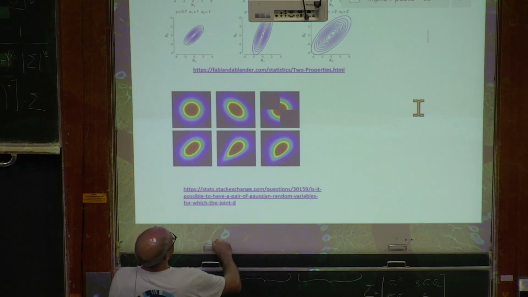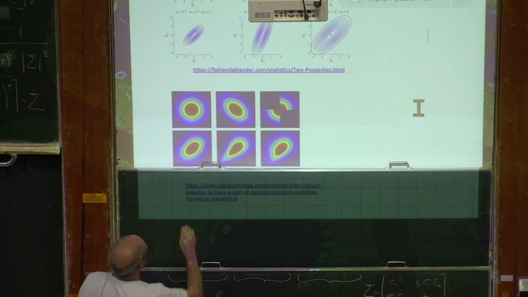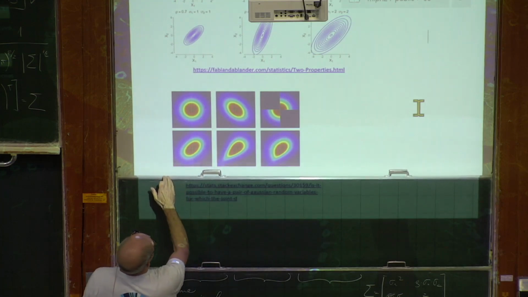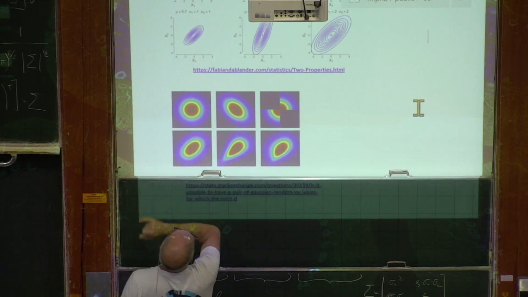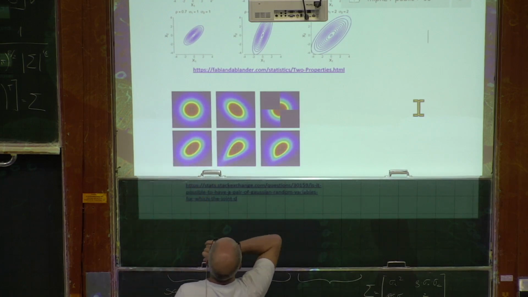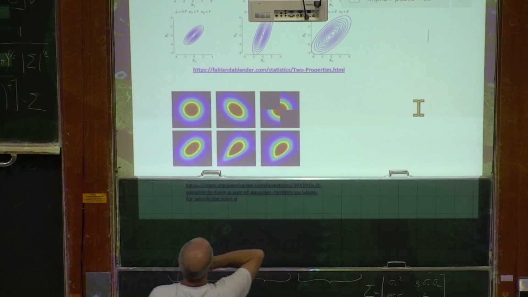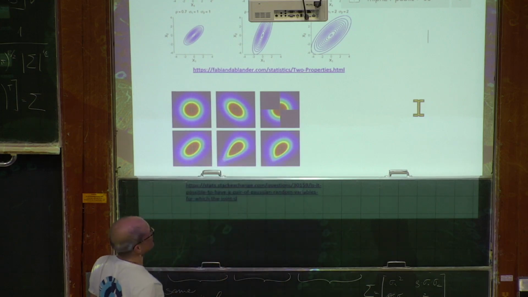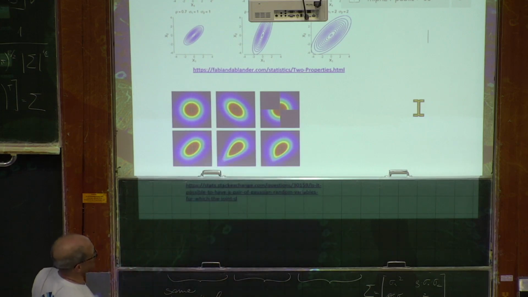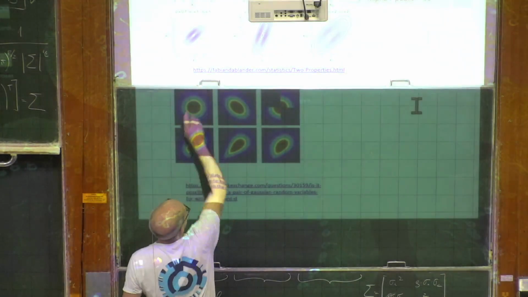All right. But these random variables here are special in that this one is Gaussian and that one is Gaussian. I believe this one is too. And all of the ones that you see here have the identical marginals. And these marginals, for all of these distributions here, are all Gaussian.